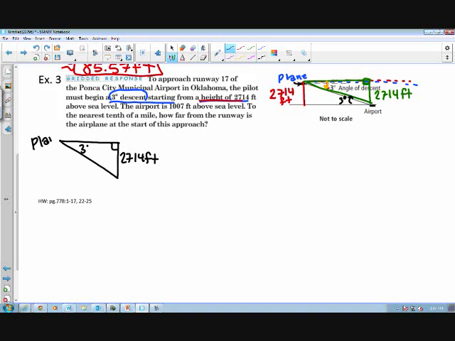Here's the plane, here's the airport. Well, how do we measure distance from the airport? Do we measure it horizontally, or do we go straight at it and measure it diagonally? I think we would choose diagonally, because the plane's going to fly diagonally. It's not going to go horizontally and then just nosedive straight down. It's going to take a gradual angle down. Okay, so that is our X.